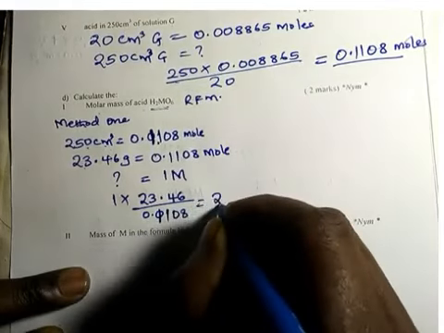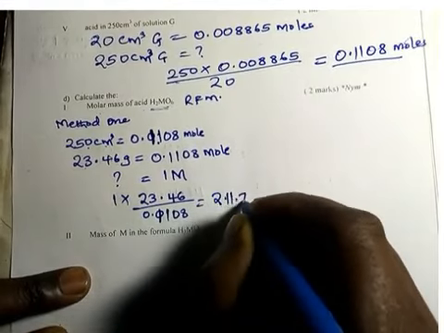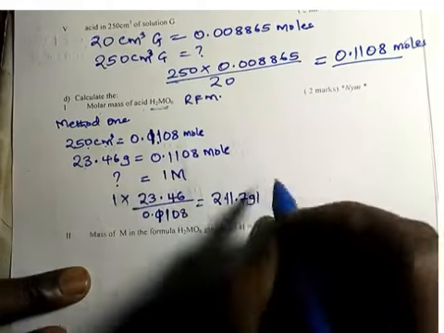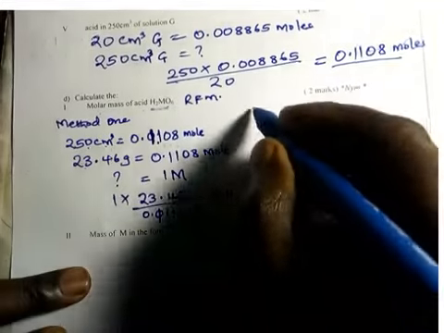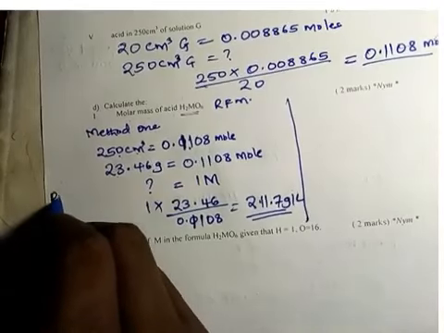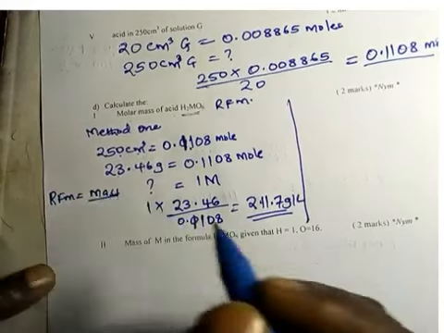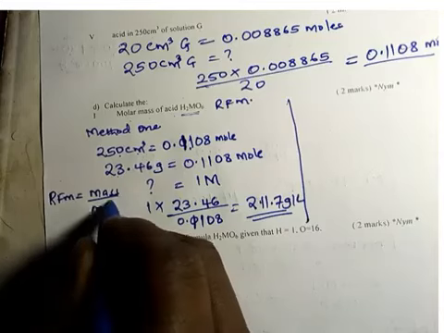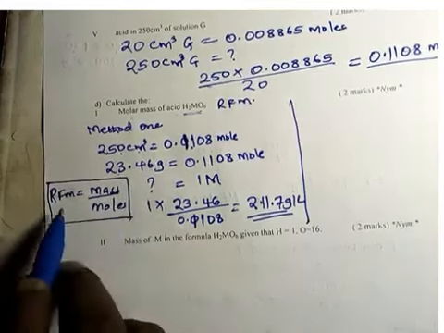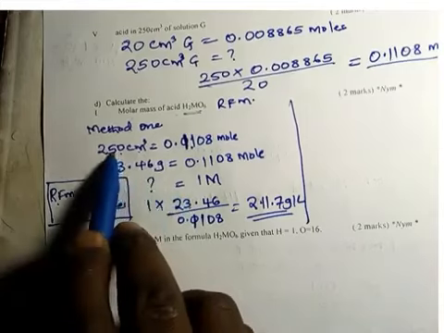This one gives us 211.7, and that is the mass in grams per mole. You can simply say RFM is equal to mass over moles. That's what I have done. Method 1 is RFM is equal to mass, this is mass of RFM in 250.